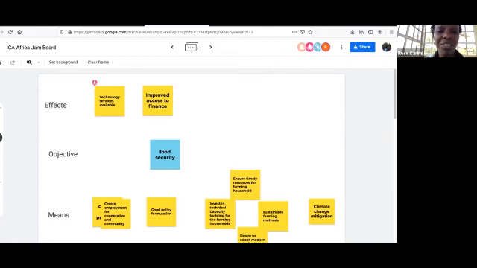Then we have poverty. What do we do with poverty? We reduce. I don't know whether we reduce poverty. Lack of access to finance, low household income.